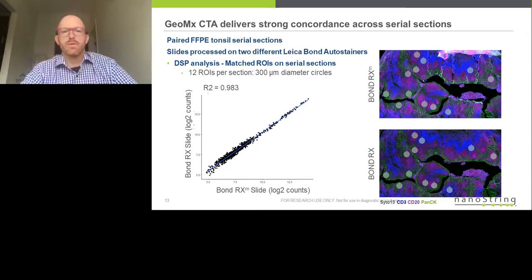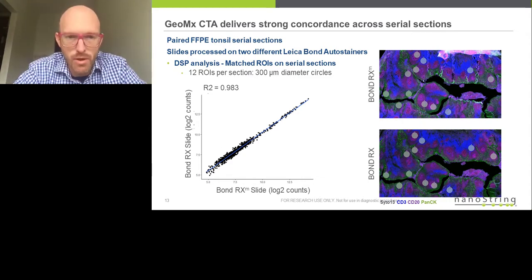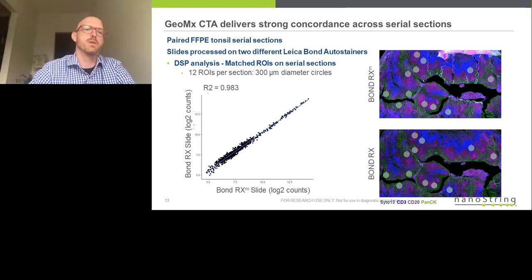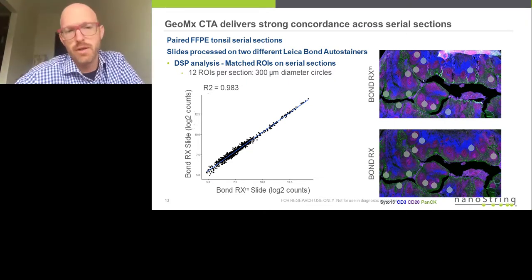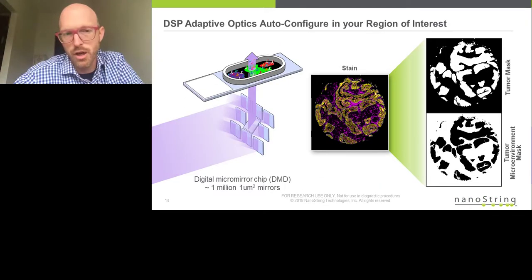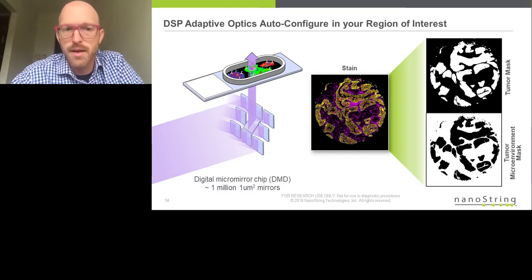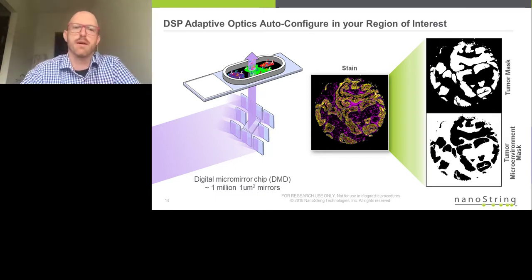So up to this point, I've shown you these spatial images with circles, basically regions of interest where we've created a polygon or a circle, selected it, and then illuminated that particular circle. But on the instrument is a digital micromirror device that allows us to finely shape the UV light source like a mask. Here in the middle is just a core from the TMA. You could just create a circle and take the whole core as one profile.